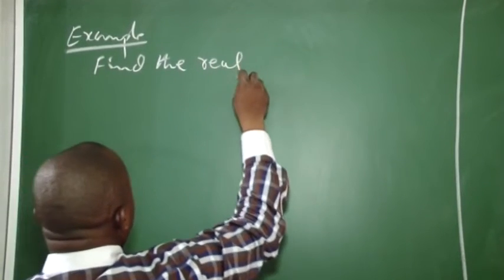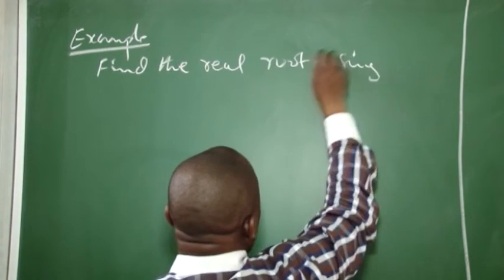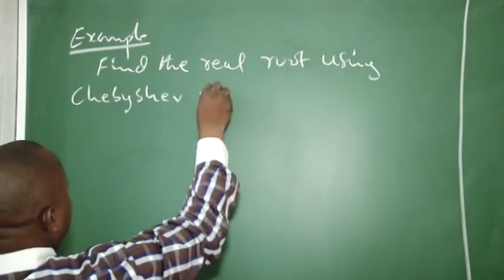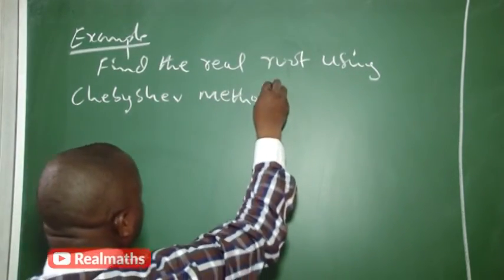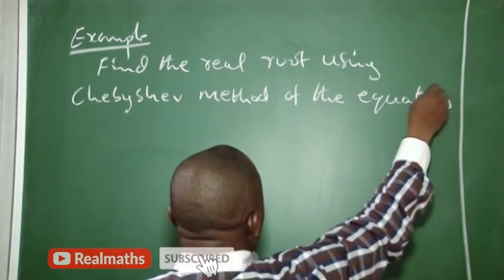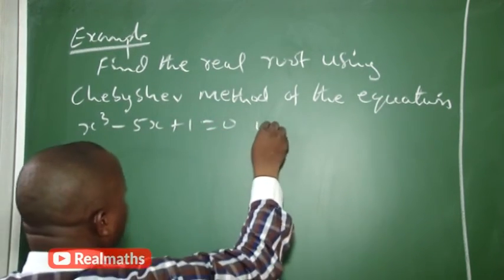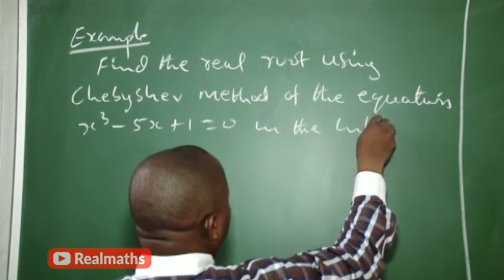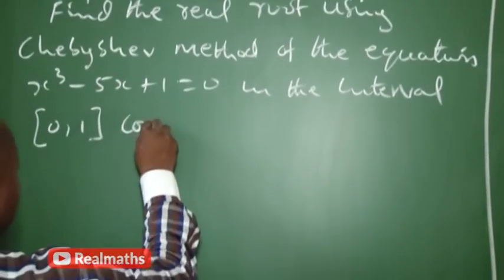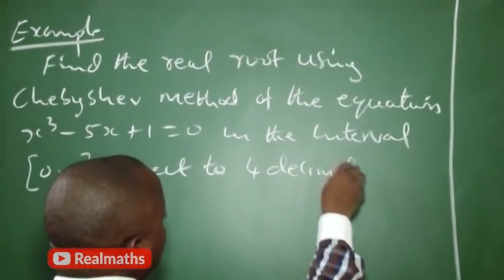Find the real roots using Chebyshev method of the equation x cubed minus 5x plus 1 equals 0 in the interval 0 and 1, correct to 4 decimal places.